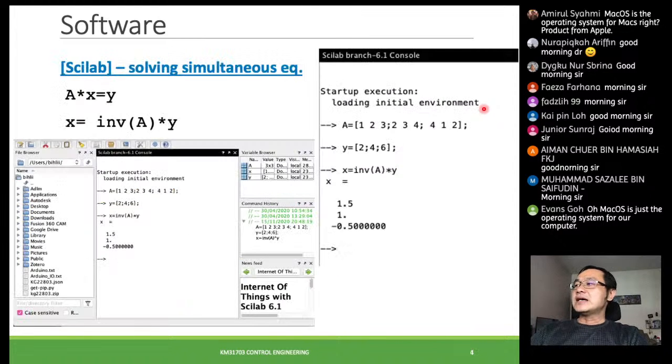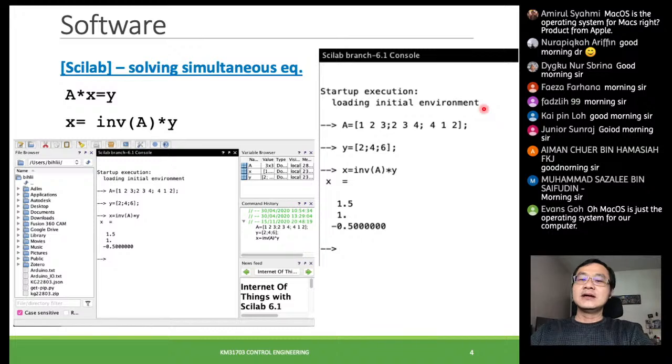So this is how you can solve simultaneous equations using the software. Scilab and MATLAB are actually built based on matrices. The foundations are matrices because the main idea is to solve multiple equations.